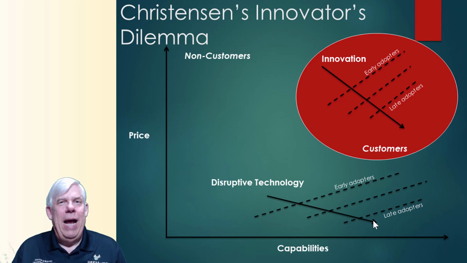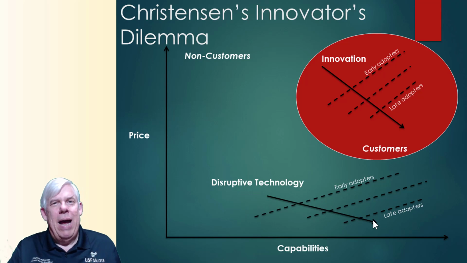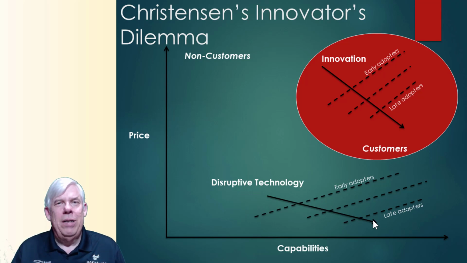What started to happen was, as companies like Intel had huge volumes for their processors, through the learning curve and through Moore's law, the capabilities of these microcomputers improved at a faster rate than those of the minicomputers manufactured by companies like Digital Equipment.